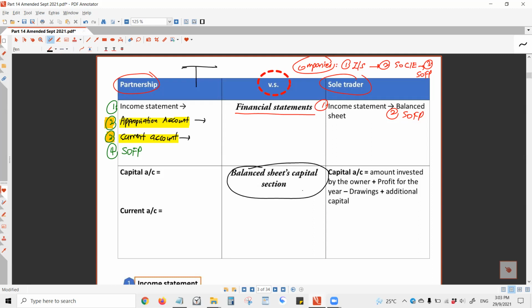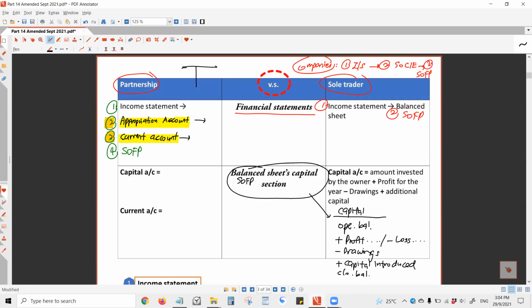For sole traders, the SOFP, the balance sheet, in the capital section, you start with the opening capital plus profit for the year or minus loss for the year, then minus drawings, then plus capital introduced, then you get to the closing capital.